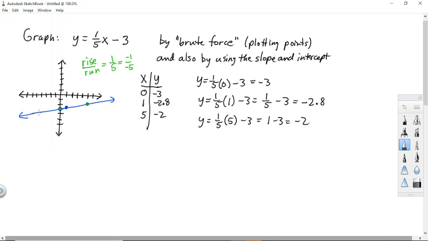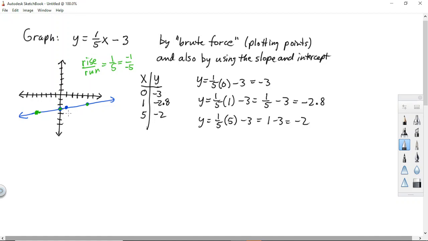Right there, and down 1 and to the left 5 is right there. So it came out pretty good. 1, 2, 3, 4. It's more like here. Okay. So that's another point we can get just by using the intercept as a starting point and then the slope to get one more.